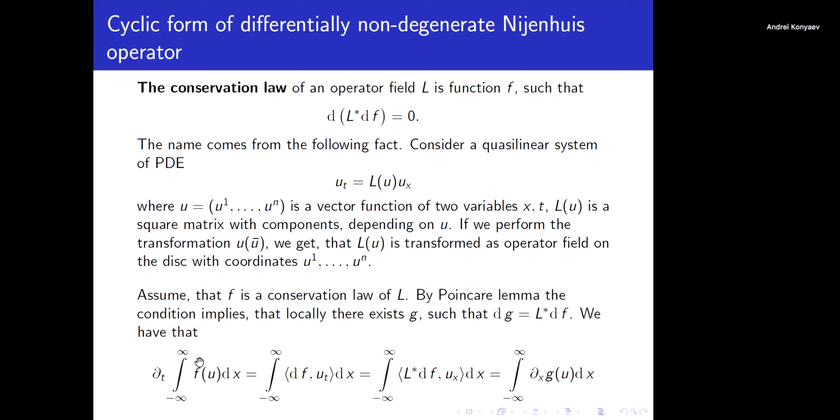We get the t-derivative inside the integral, and we get the following formula, because we take the partial derivative of f, and you will get a derivative of u in t. Then we take this, substitute this system here, and swap L onto the df, and this is dg, and we apply dg, and we get the following formula. See, this is how we started, that's how we ended.